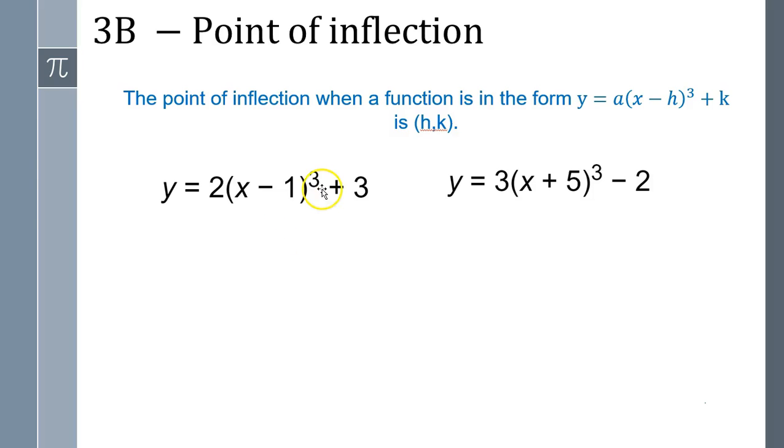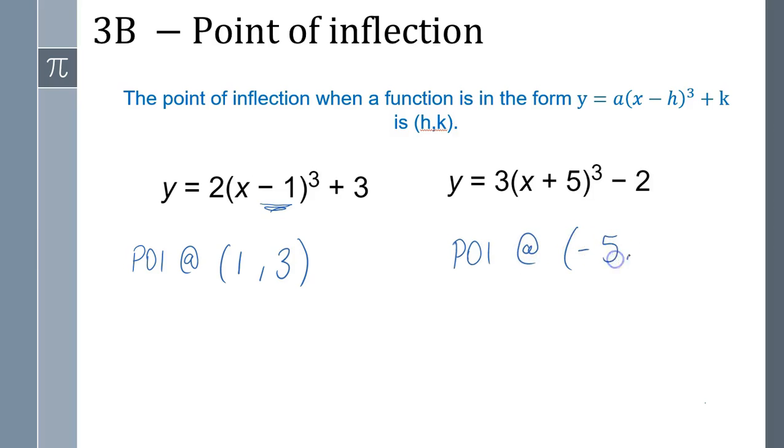Point of inflection is on your formula sheet, and it states that when the function is in this format up here, the point of inflection is h, k. So the only trick to this one, you've got to do the opposite sign here. So the point of inflection is at opposite sign 1, 3. And this one over here, point of inflection is at -5, -2.